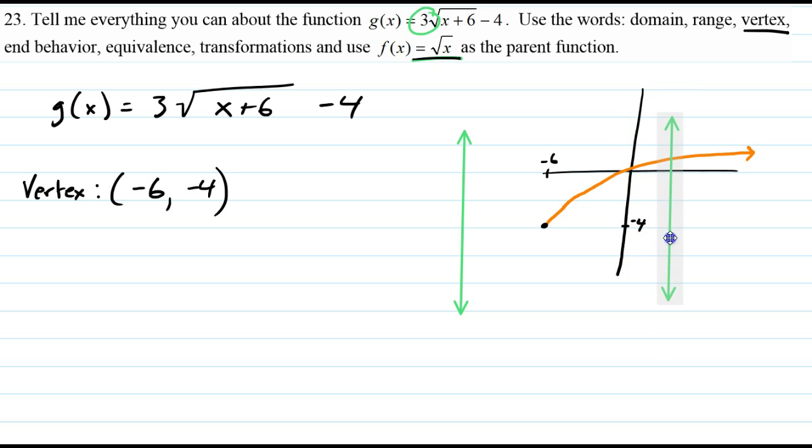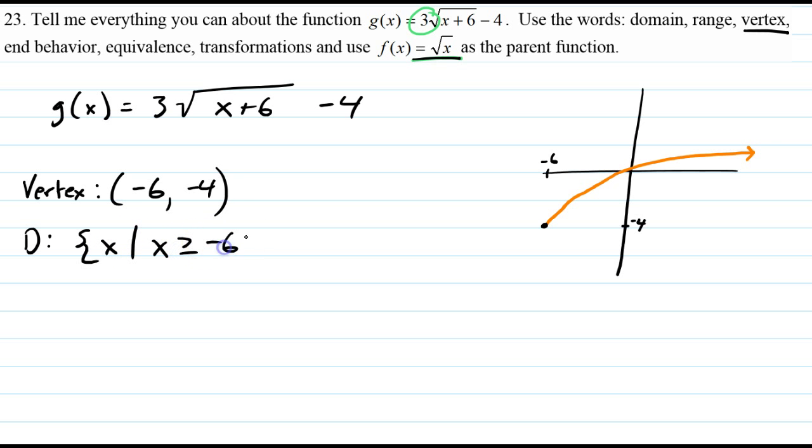And then when it stops touching is where a domain ends. But since this has an arrow, this goes on forever, and so it never ends. So the first place it touches is at negative 6. So our domain has a set of x such that x has to be greater than or equal to negative 6.